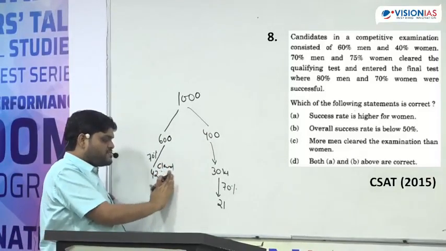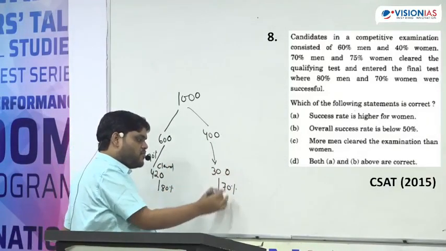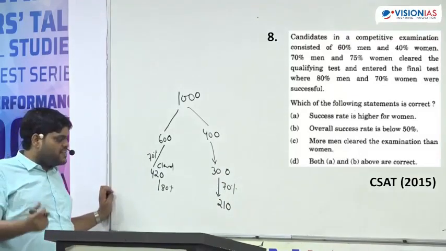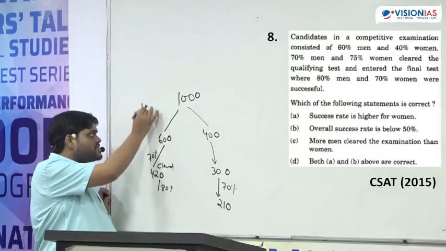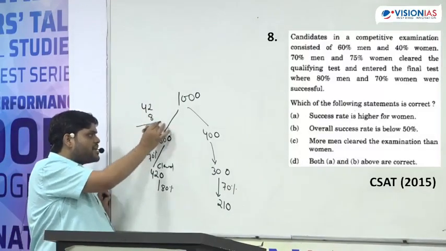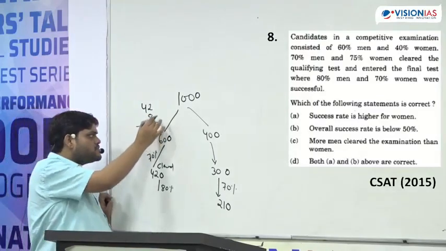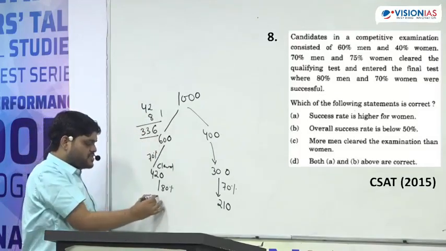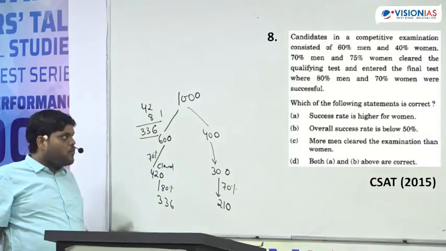As soon as we add a 0, the problem of decimal will be removed, and nothing will change, everything will be the same. So what is 80% of this number? 10% becomes 42. Now 80%, we multiply by 8: 336.